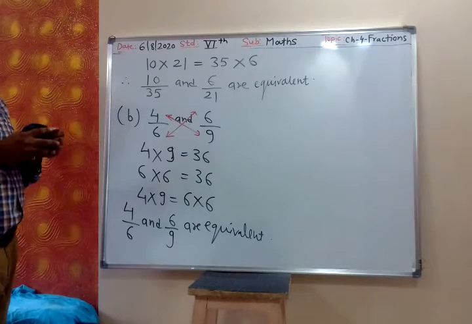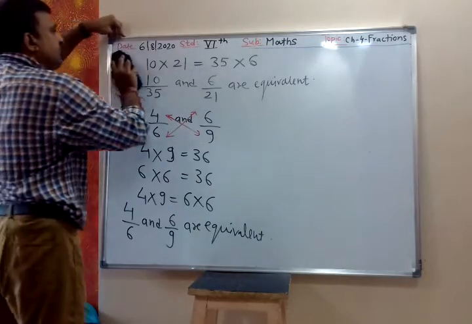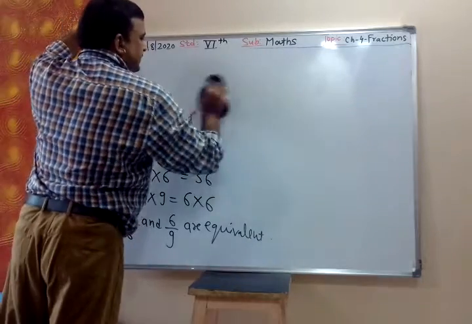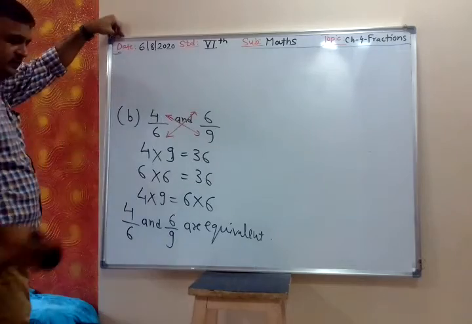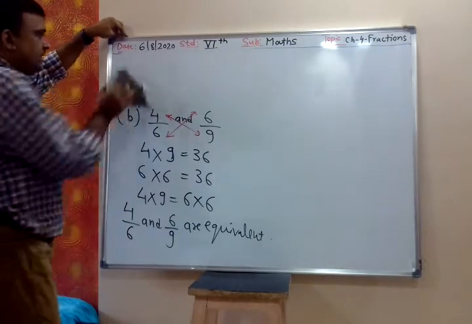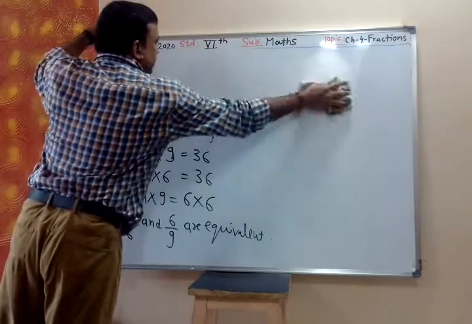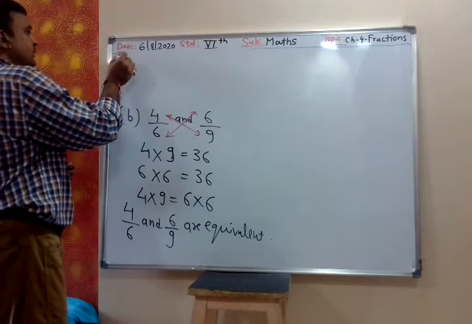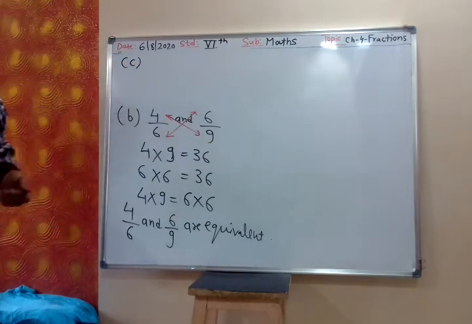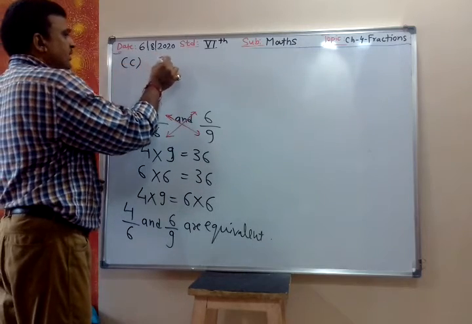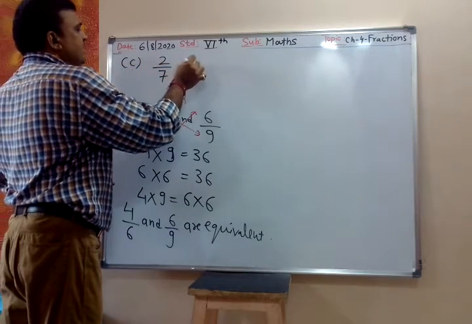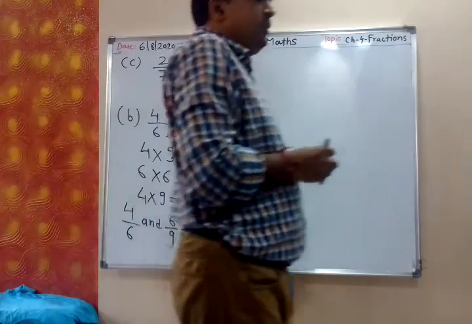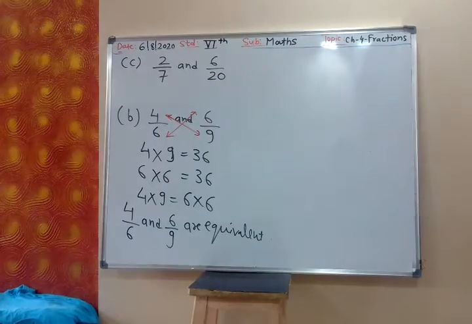C and D are homework. Let me do E part. C, let me write the question: 2 upon 7 and 6 upon 20.